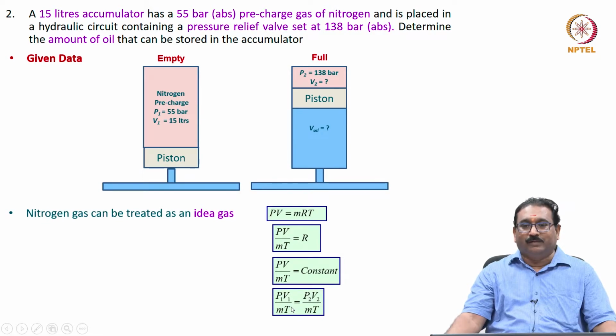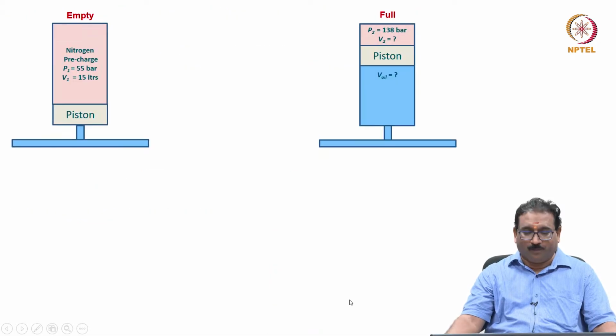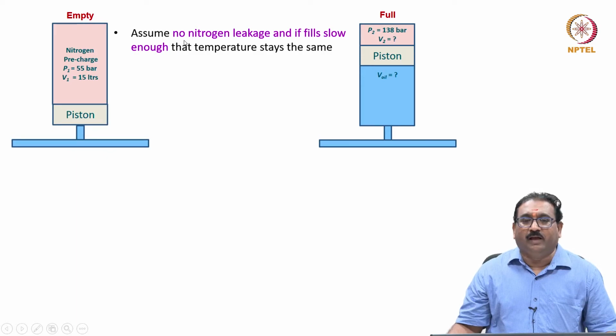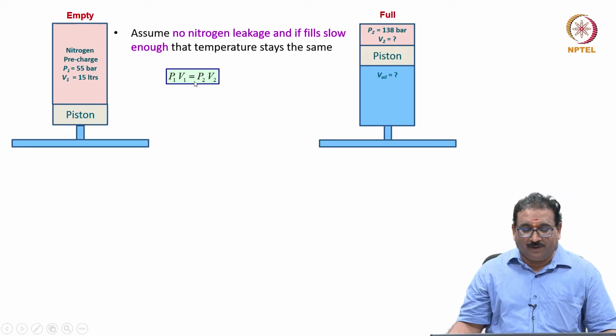When you go from one state to another state, P1 V1 by mT equal to P2 V2 by mT. Later these two terms will get cancelled, I will get P1 V1 equal to P2 V2. Assuming no nitrogen leakage and if filled slowly enough that temperature stays the same, then P1 V1 equal to P2 V2 as I have told you.